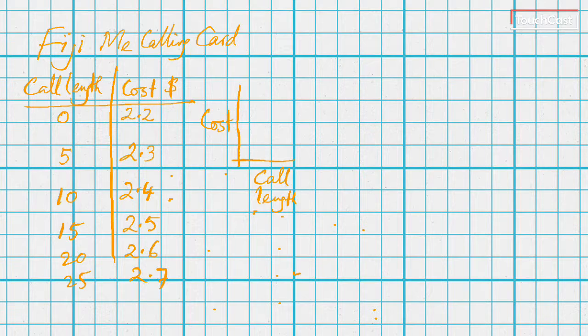Now we have difficulty. This is not a usual kind of sequence of numbers. It starts off with 0, goes to 5, and in that difference of 5 minutes, you've got to pay $0.1. 2.3 minus 2.2 gives you $0.1.